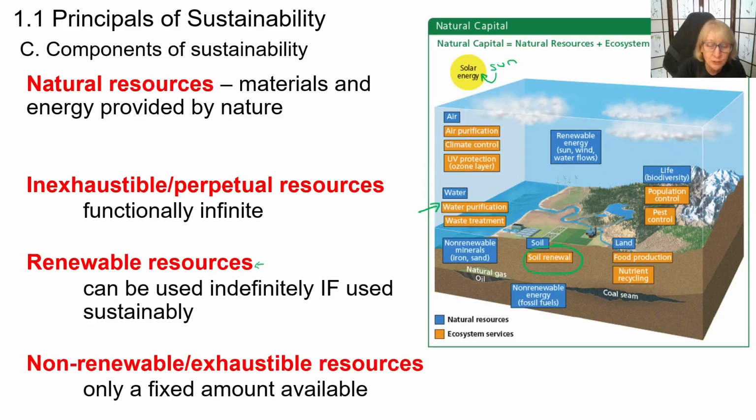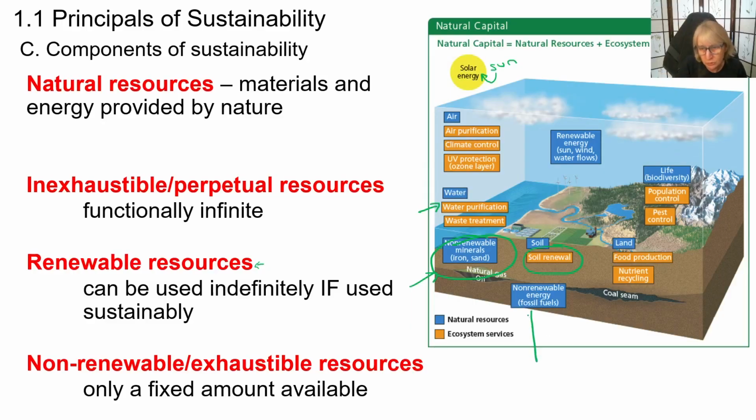Non-renewable or exhaustible resources are ones that do not repair themselves. If you use some, it's gone forever. Things like iron. There's only so much iron on Earth. Helium's one that comes up a lot. We use it to fill balloons and make our voices squeaky, but we only have a certain amount of helium on planet Earth, and if you use it up, it's not available.